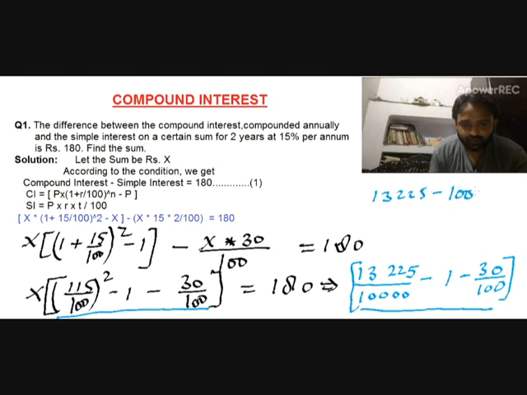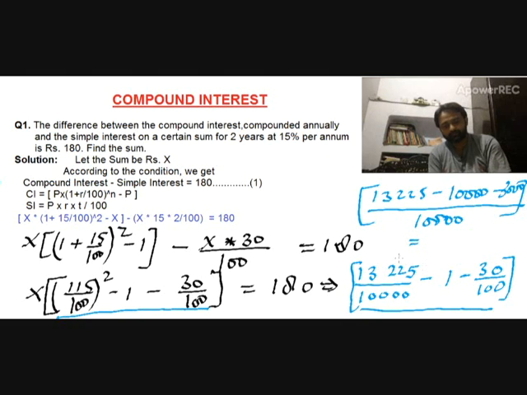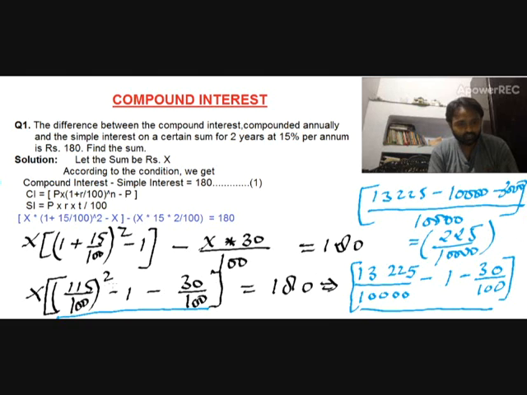LCM is 10,000, and then 3,000 is the remaining part, and in the denominator you will have 10,000, right? When you simplify, what is your final answer? Exactly. So it is 225 divided by 10,000. Very good.